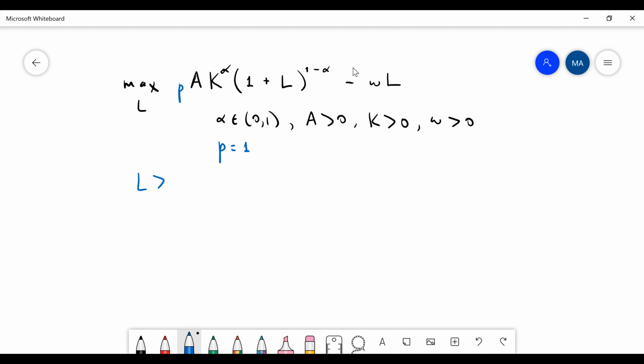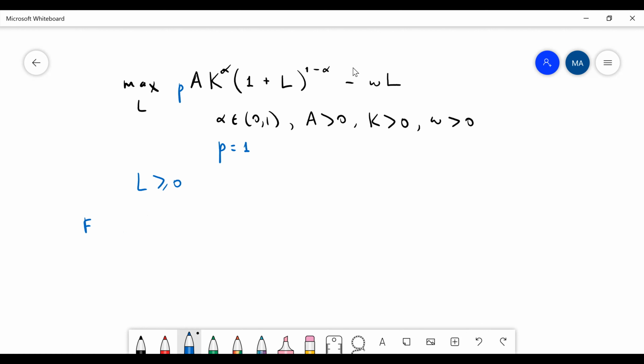And of course, there's a non-negativity constraint because you cannot hire a negative number of apprentices. So the Lagrangian can be written in this way. There is this choice variable, and there's no inequality constraint either. So you can actually have no Lagrangian. I'm sorry, the problem will be simply like this.